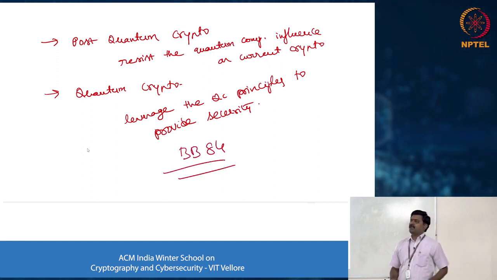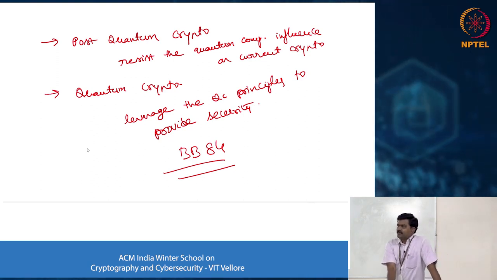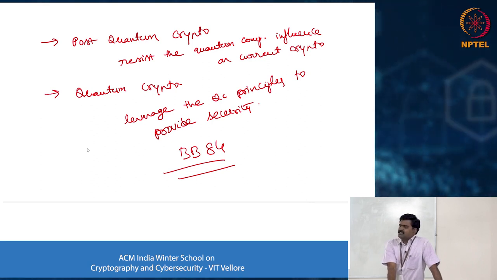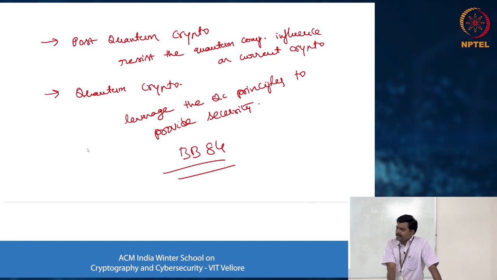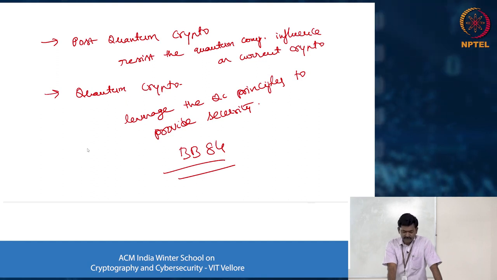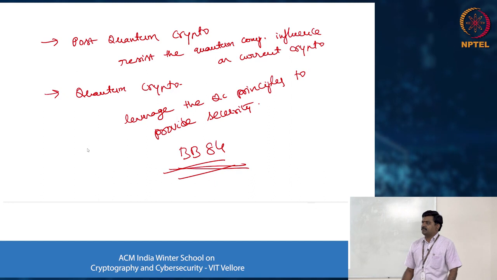The purpose of BB84 is to provide key exchange. Imagine you want to exchange the symmetric keys. How did we do it? We used RSA or asymmetric key cryptography. But we said asymmetric key cryptography is in danger because of quantum. So without using asymmetric key cryptography, and using the quantum computing principles, the BB84 protocol is able to exchange the keys between the communicating parties.